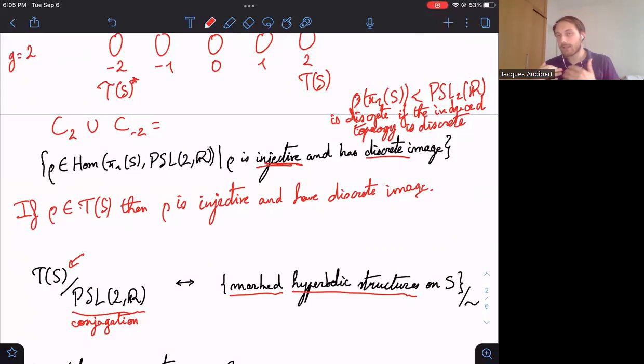So now we can say a sequence of hyperbolic structures converges to a given hyperbolic structure. So to understand hyperbolic structures, you have to understand T of S, which is this nice space with representations only injective and with discrete image.